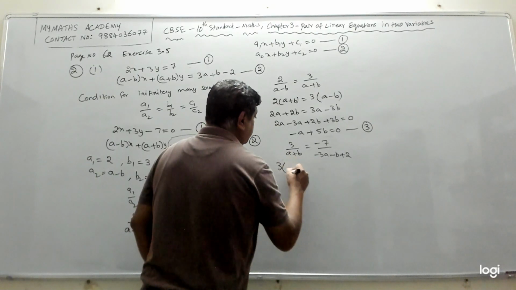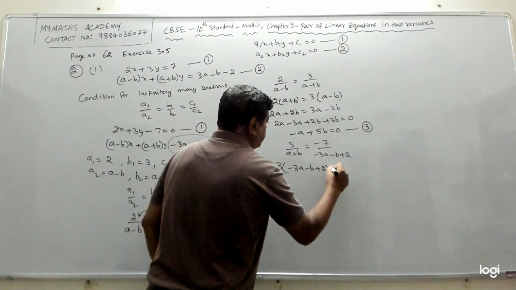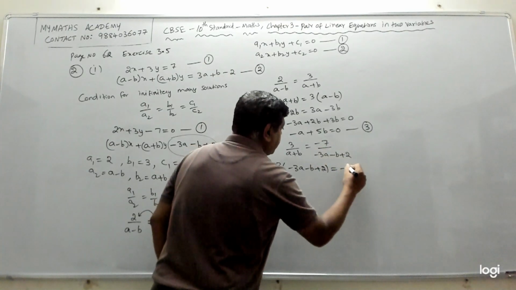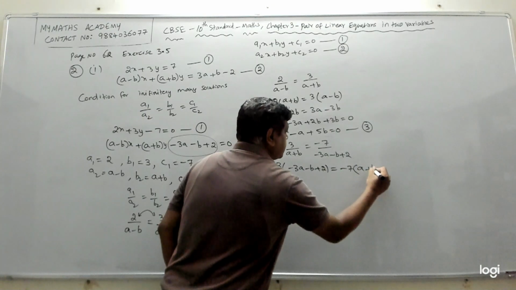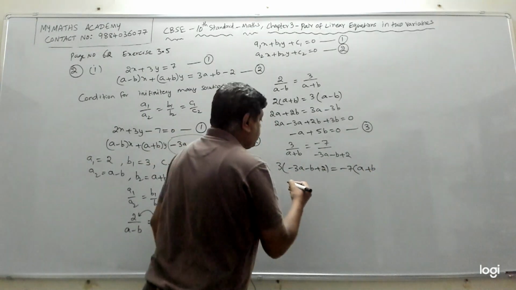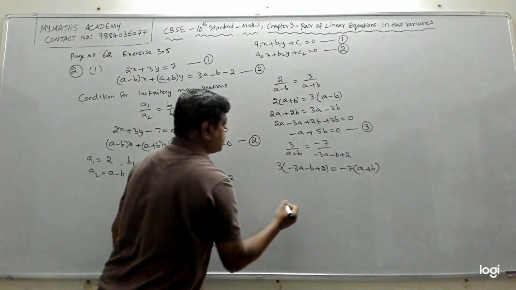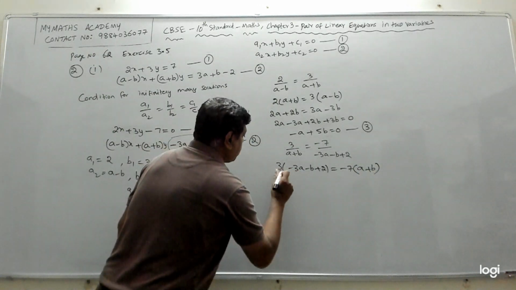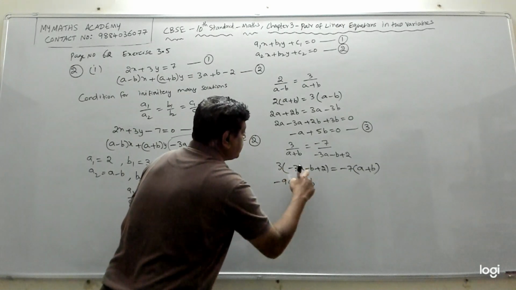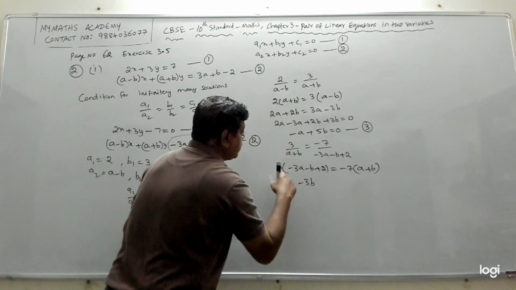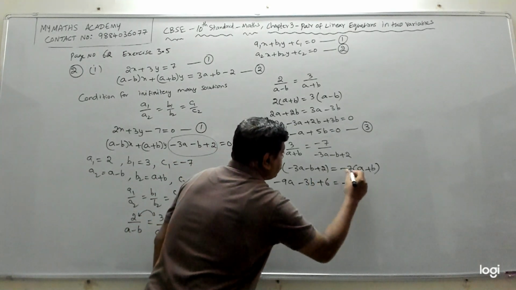So 3 into this whole thing, minus 3a minus b plus 2, equal to minus 7 into this whole thing, that will be a plus b. Clear? So now if you multiply, 3 into minus 3 is minus 9a, minus 3b, 3 into 2 is 6, equal to minus 7 into a is minus 7a, minus 7 into b is minus 7b.